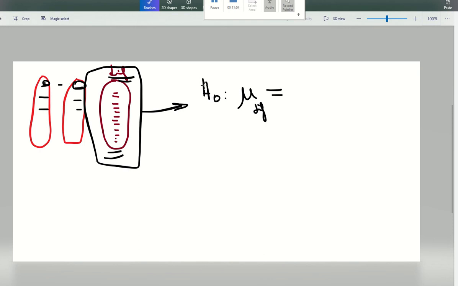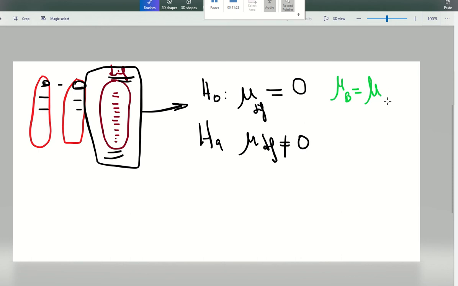So that turns into the null hypothesis that the mu of differences is equal to 0. The alternative hypothesis is going to be that the mu of differences is not equal to 0. Another way to state the same hypothesis is to say that mu before equals mu after. Mu before equal mu after is exactly the same as saying that the mu of differences is equal to 0. So this is step number 1.